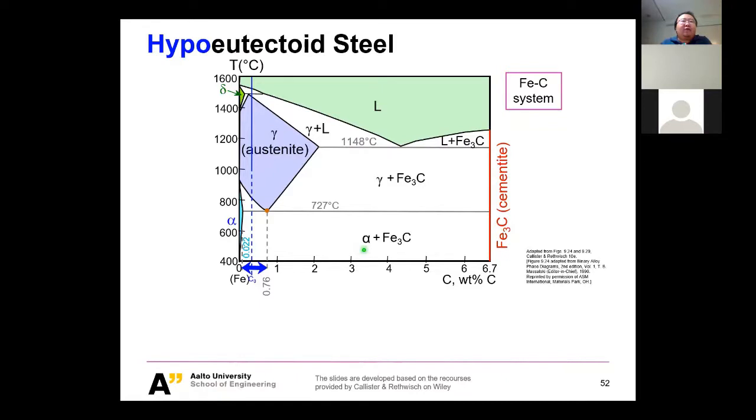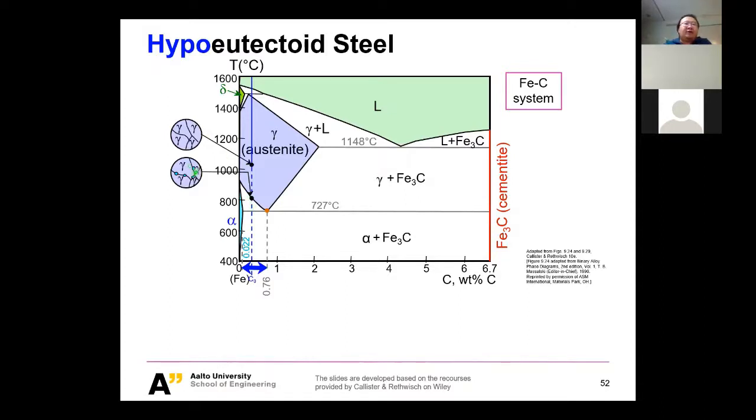Then similarly, we will explore a little bit if we go to the left-hand side, when we have this hypoeutectoid steel. What will happen? Let's see what the microstructure will look like. We start from the gamma again, as you know. When we enter the two-phase region, gamma plus alpha, you will get your alpha phase slightly nucleated.